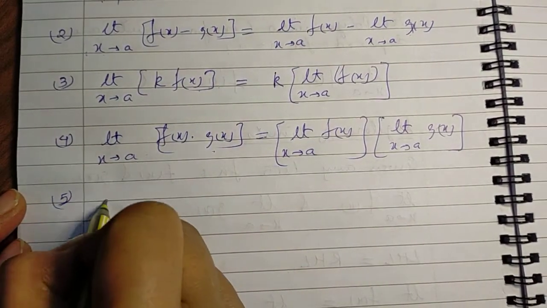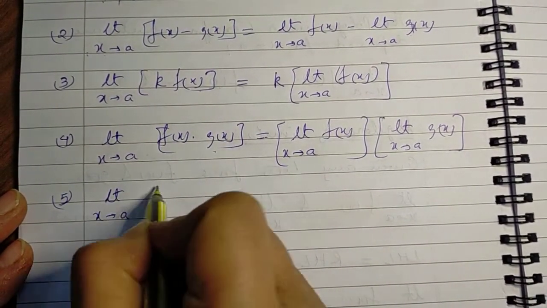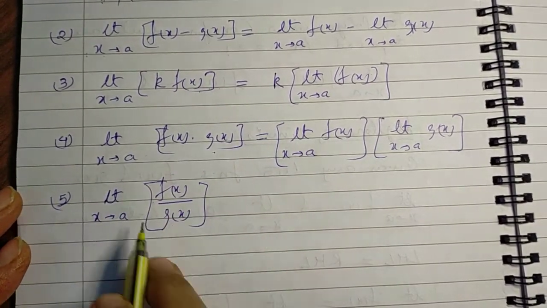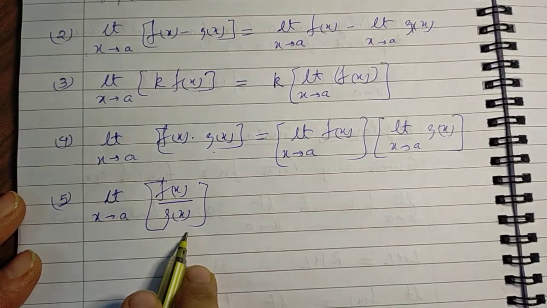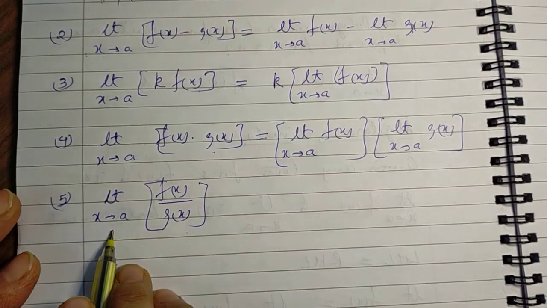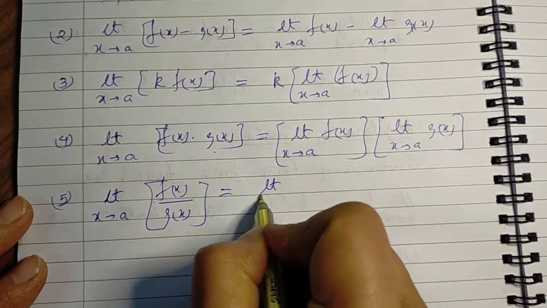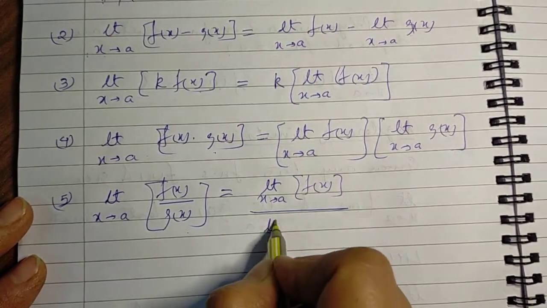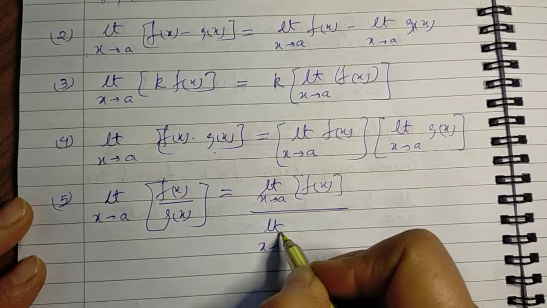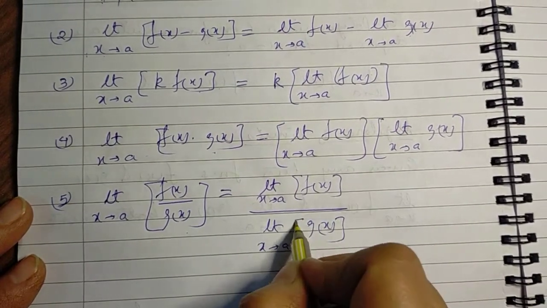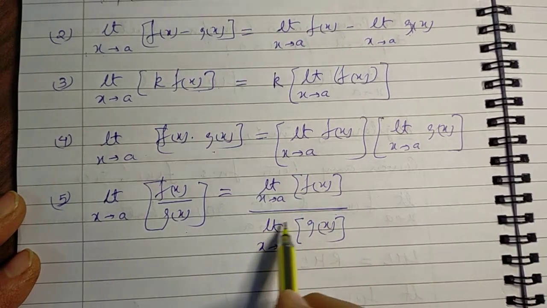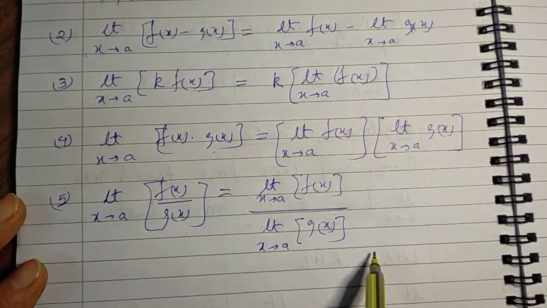The same way we have x tending to a, f(x) over g(x). When you are finding the quotient of two functions and then finding their limit, the value is the same as the limit getting split into the numerator and the denominator. But here an important point is to be noted, provided this limit exists and is not equal to 0.